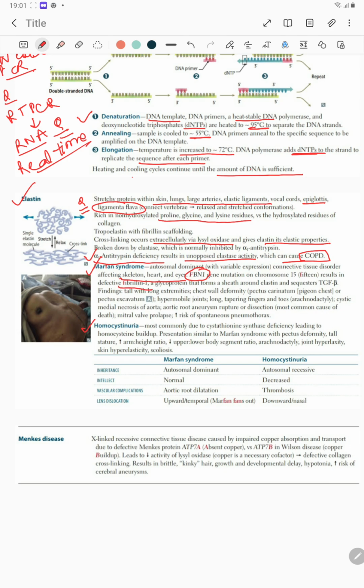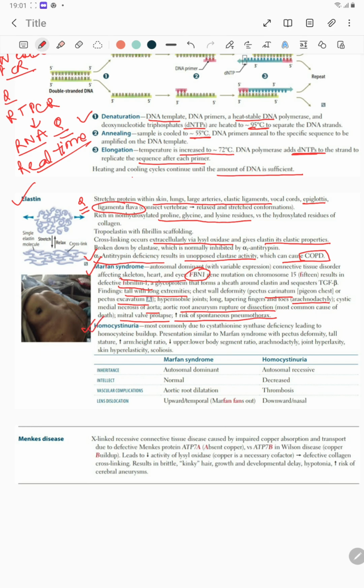The findings are tall stature with long extremities, a chest wall deformity like pectus carinatum, pigeon chest or pectus excavatum, hypermobile joints, tapering fingers, arachnodactyly, cystic medial necrosis of the aorta, then aortic aneurysm or rupture, the most common cause of death in Marfan syndrome. Also mitral valve prolapse and increased risk of spontaneous pneumothorax.